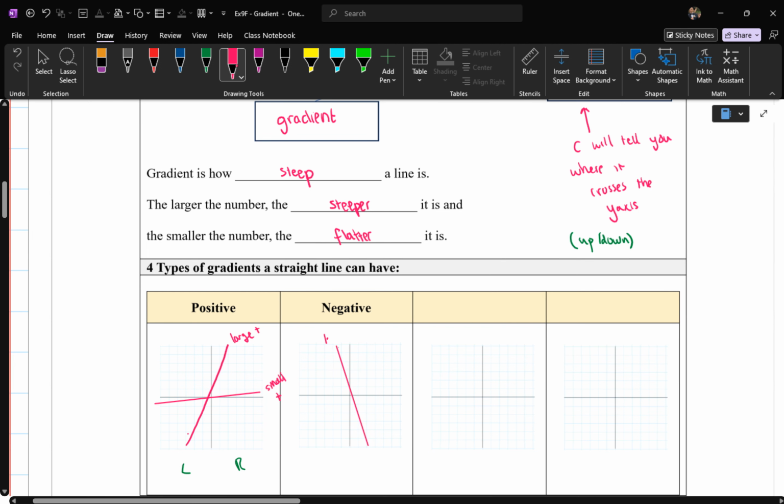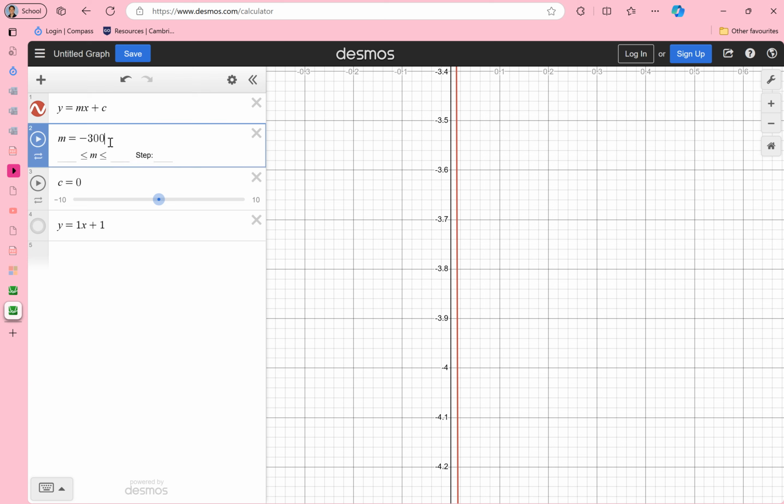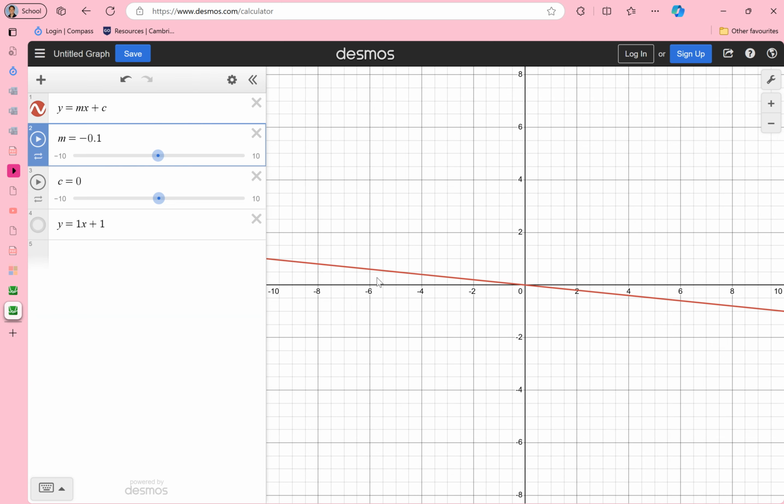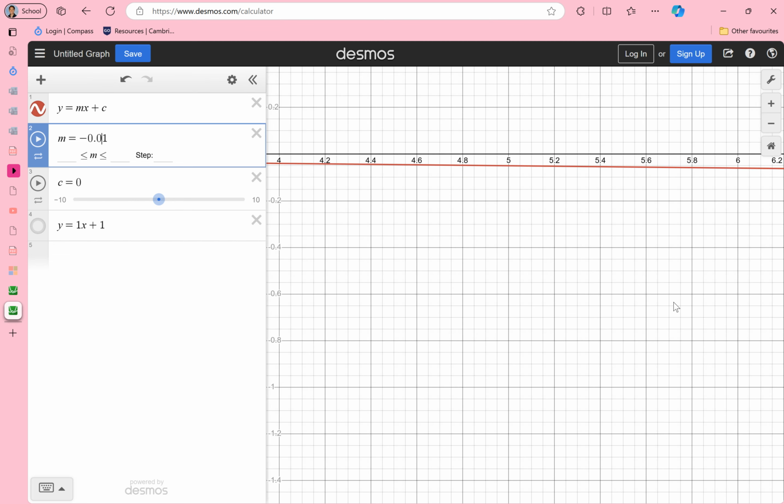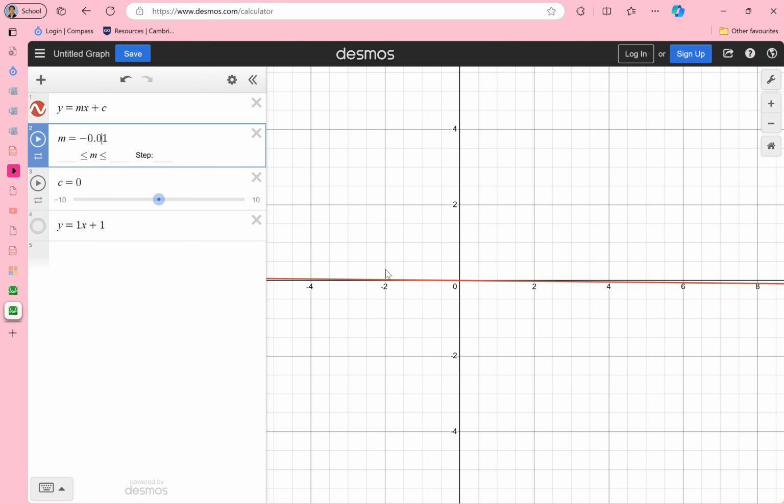Obviously, this is a large negative. If you have a small negative number, so if it was -0.1, you'll see that it's actually now flatter. See how it's flatter? And if I made it 0.01, it's getting even closer to the x-axis. See that? But from left to right, it's declining.